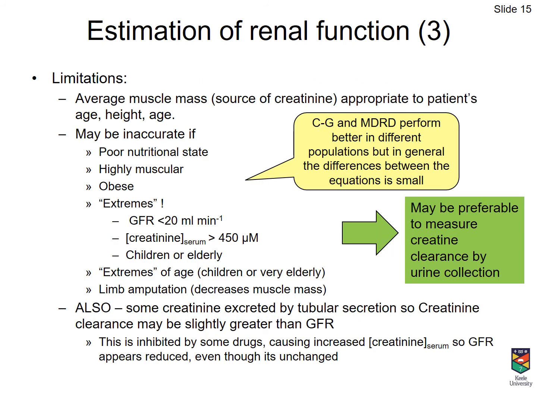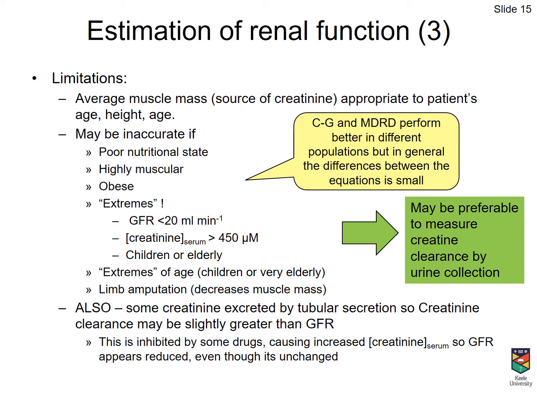Okay, so although these equations are very helpful, there are some limitations, which means they may give you inaccurate results. The first of which is that we're assuming that the creatinine is produced by the muscle at a constant rate, and of course that the amount of creatinine that then appears in plasma depends upon how much muscle a patient has.